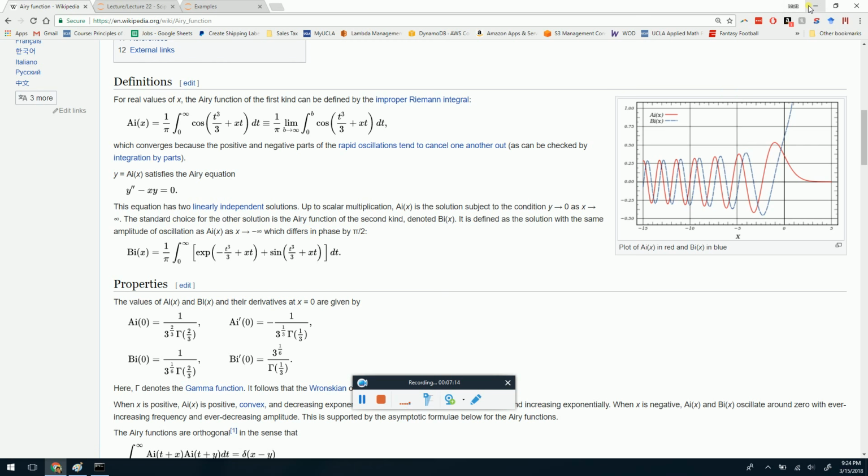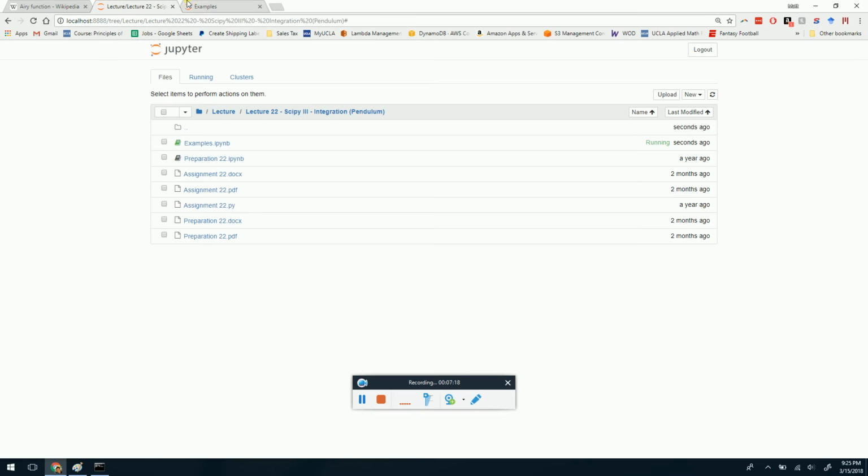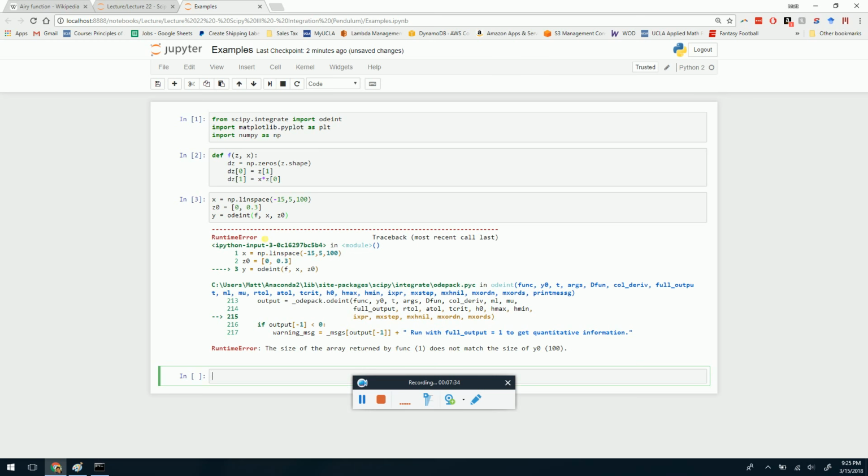So I'll put 0.3. Okay, and then we need our x points. I think this is the correct order. If not, we'll figure it out later. Let's try that. Let's try the other order.